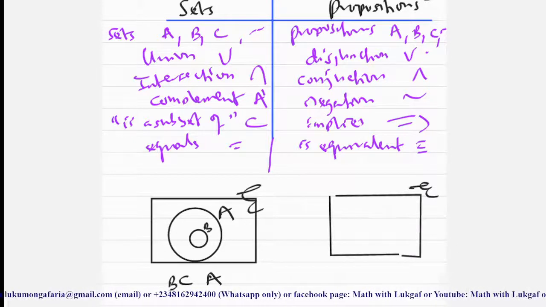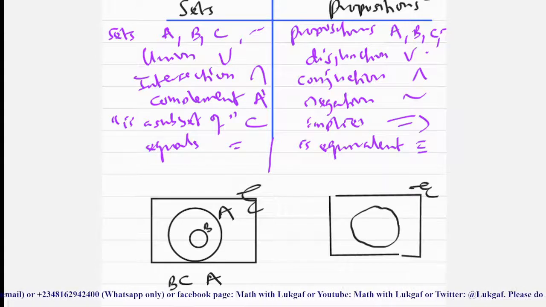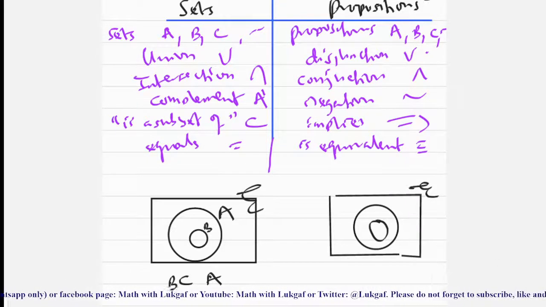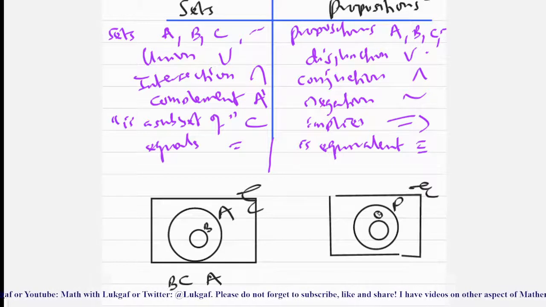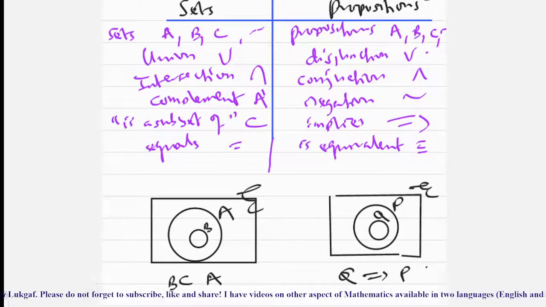If you have a circle, and you also have another smaller circle. So recall, if this is a proposition P and this is another proposition Q, what this one is saying is Q implies P. Are you getting that now? So that's like an implication.